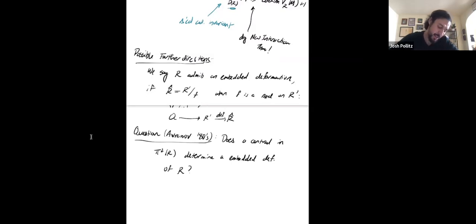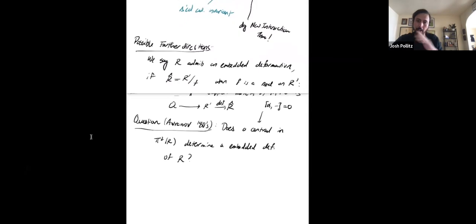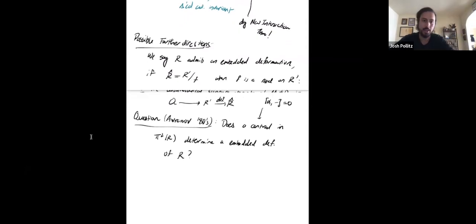If you have a central element, and this just means your bracket with everything is 0, does that determine an embedded deformation of R? And the converse is fine. So if you have an embedded deformation, that determines a central element in pi 2. So it's asking the converse.